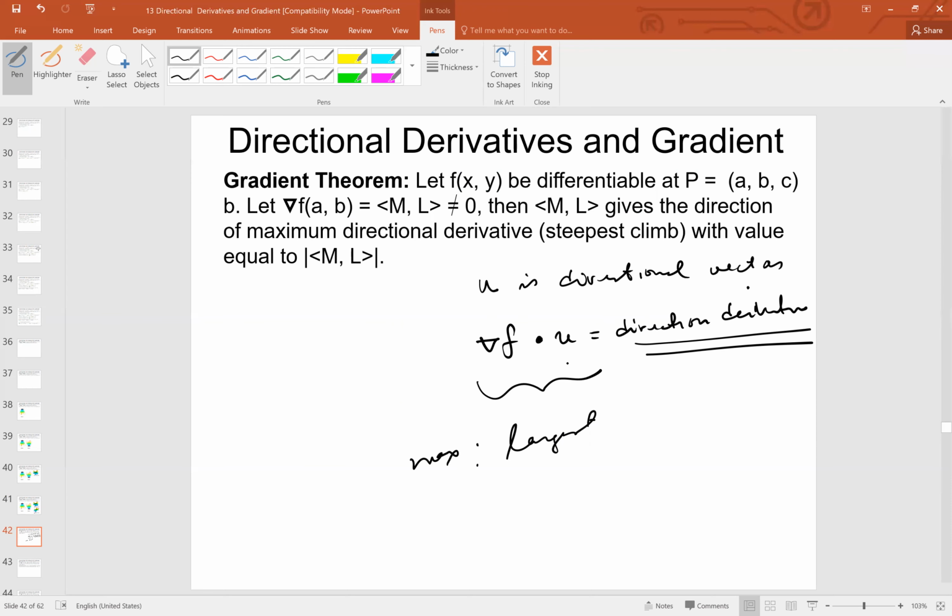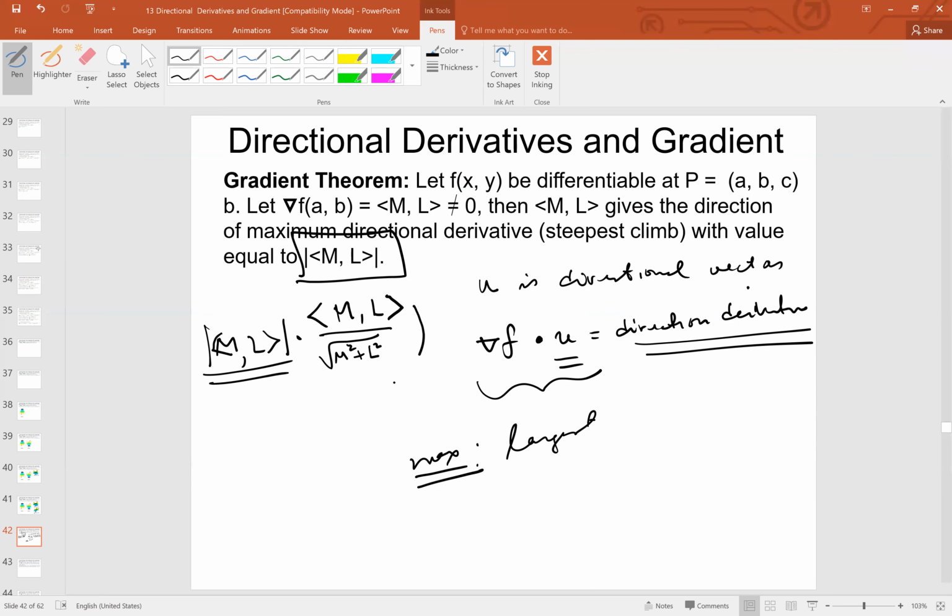So which u gives the maximum? If you think about it, the vector that dotted with the gradient will give you the largest result has to be in the same direction, coinciding. That's when you get the most. When a vector is dotted with itself, it gives you the norm. And if the length is 1, then the one you want to dot to give as much as possible is the unitized gradient.